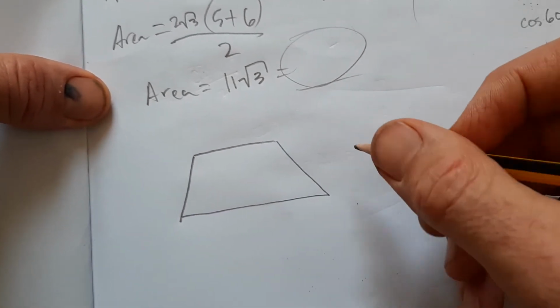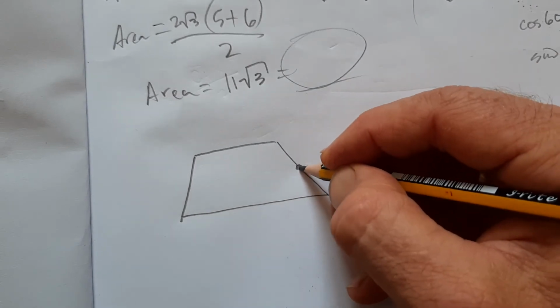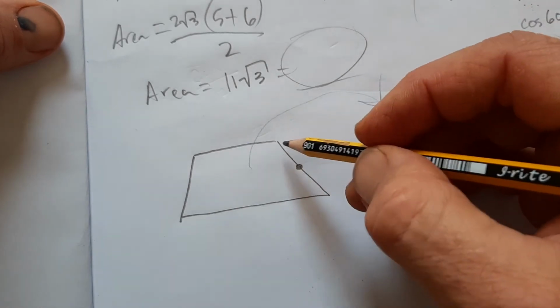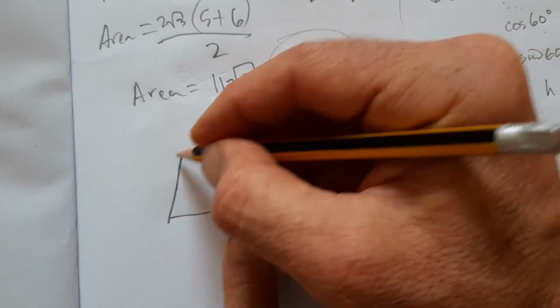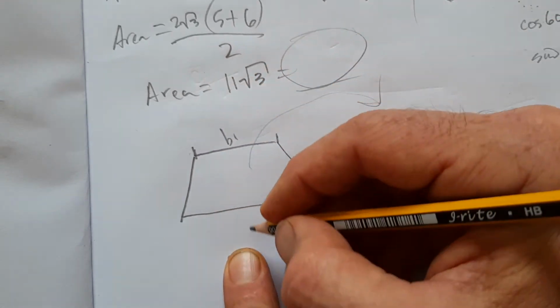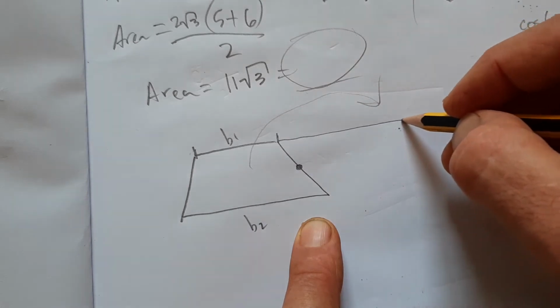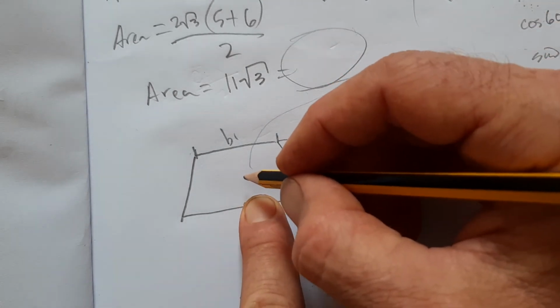So for instance, here's another little fiddling around with the trapezoid. If I take this midpoint and I spin this trapezoid around, let's call this base 1 and this base 2. I flip it around to where I've got base 2 up here. So I spin a copy of this, so I got two of these.